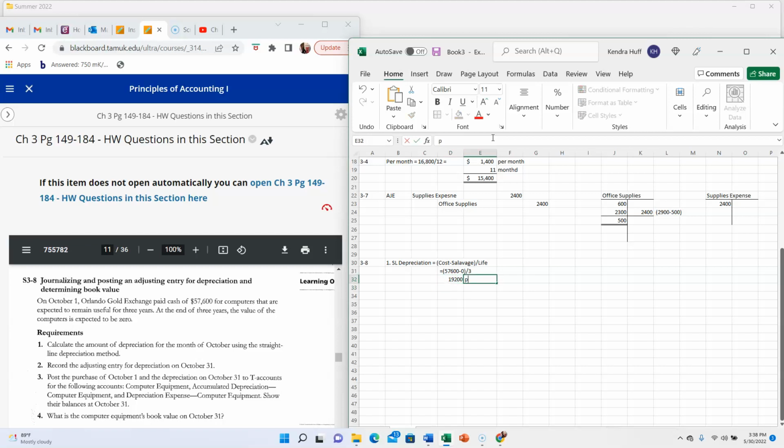So that's 19,200, but that's per year. Then we need to do 19,200 divided by 12. And that's per month. And that's what they were asking.